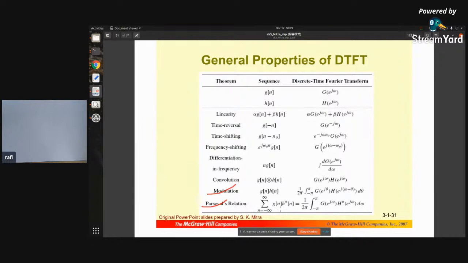Parseval's theorem is very easy once again. From this modulation property only you can extend this. Two signals multiplied here, also two signals multiplied, and taking the summation over n from minus infinity to infinity.